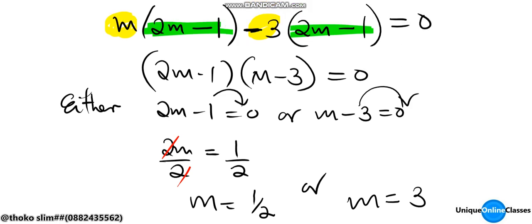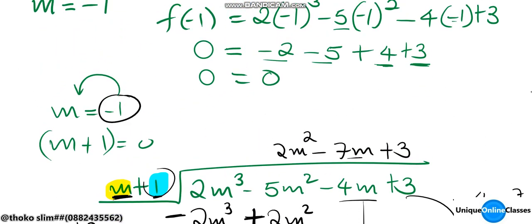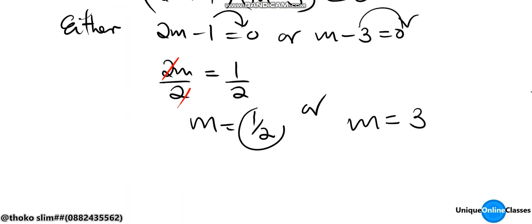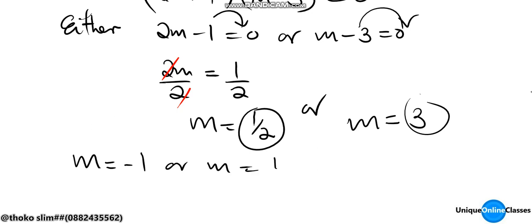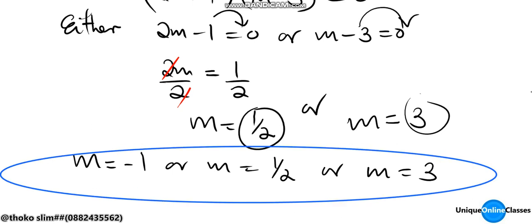So at the beginning we found that m had a factor of negative 1, and these are the other values of m. So m is equal to negative 1, or m is equal to positive half, or m is equal to positive 3. So our answer there, this means those are our answers.